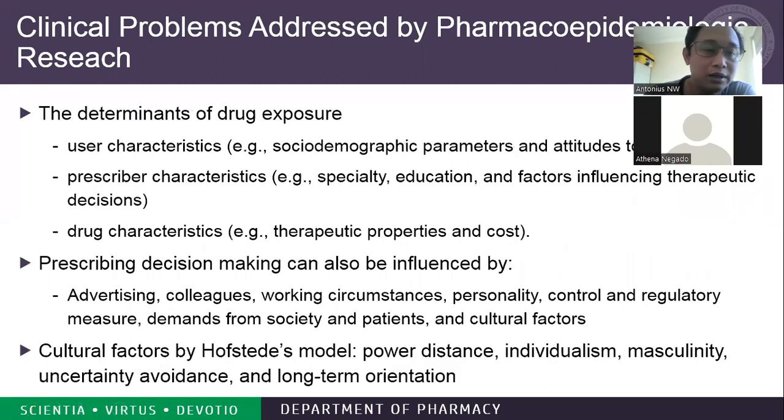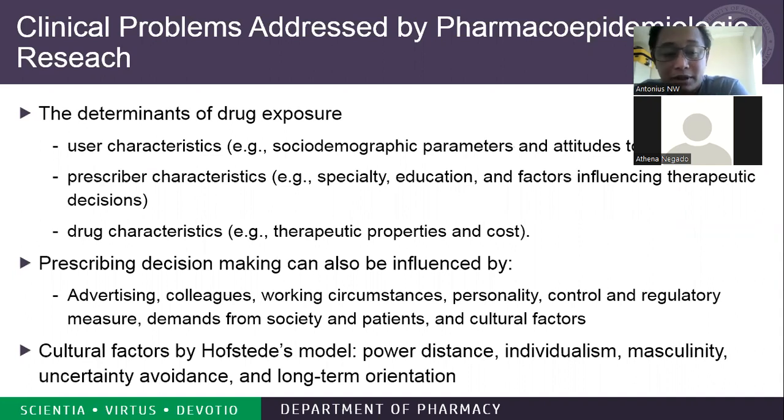Then the determinants of drug exposure can be the user's or patient's characteristics, the prescriber's characteristics, and the characteristics of the drug itself.